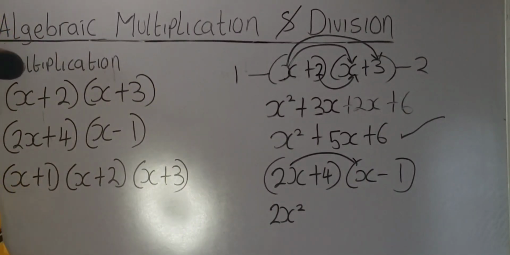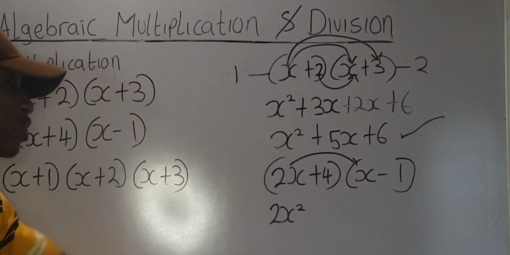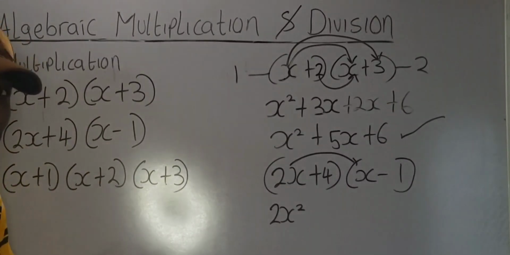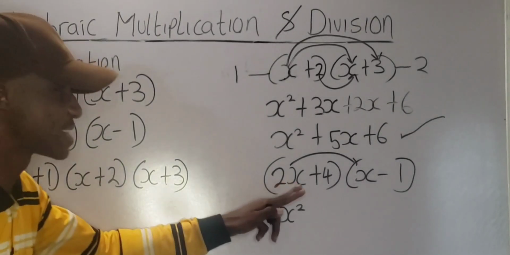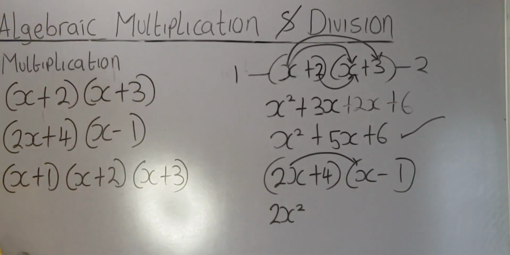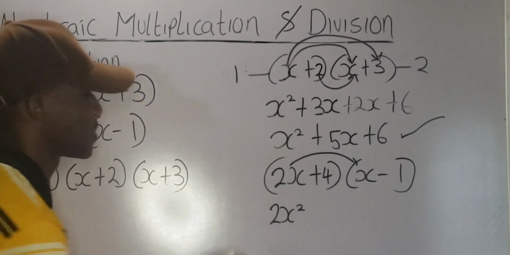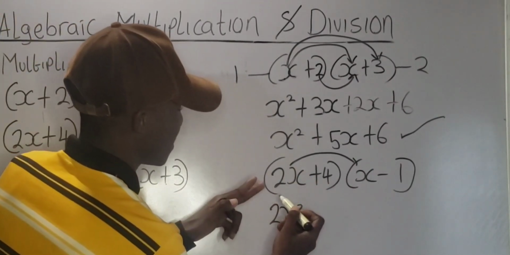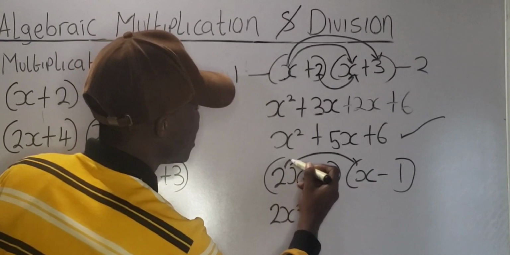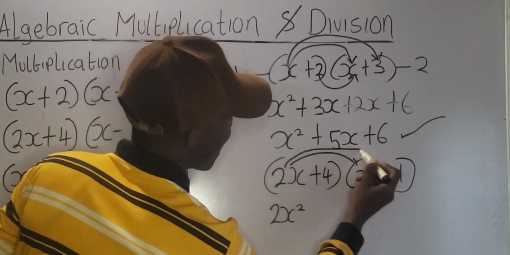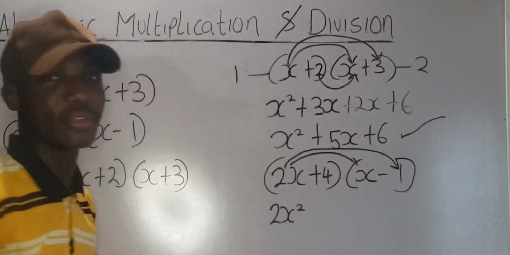Do you understand? It is not 2x plus x. So if you wrote 3x, you are automatically wrong. 2x multiplied by x is 2x squared. The next step is that I'm still going to use this 2x to multiply 1. Why?